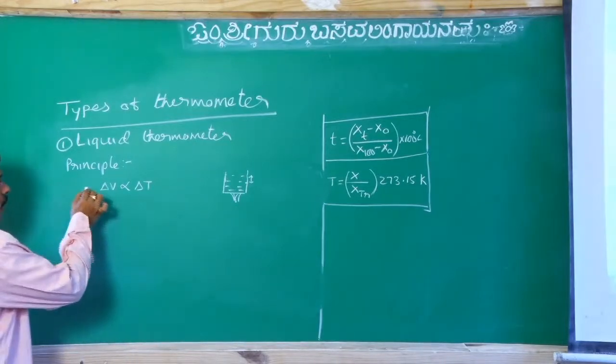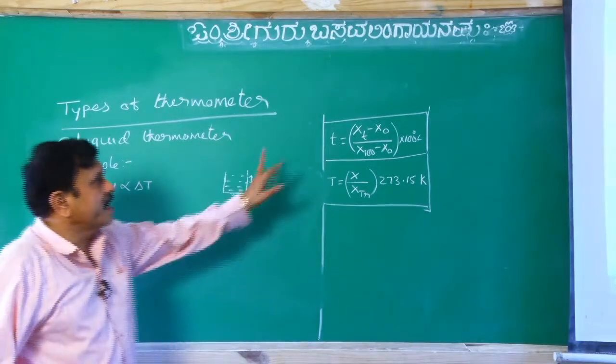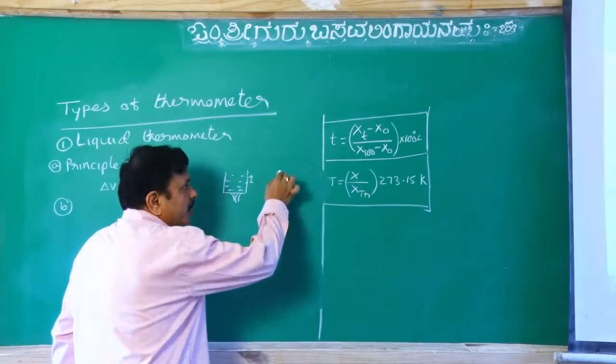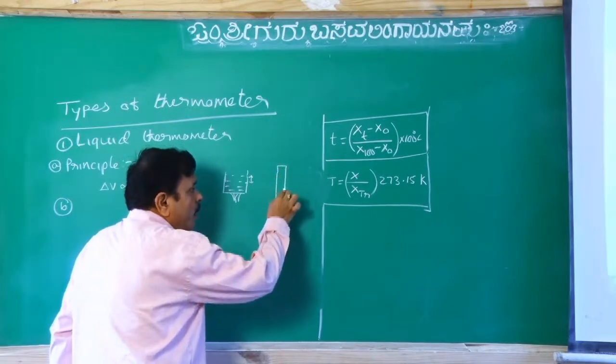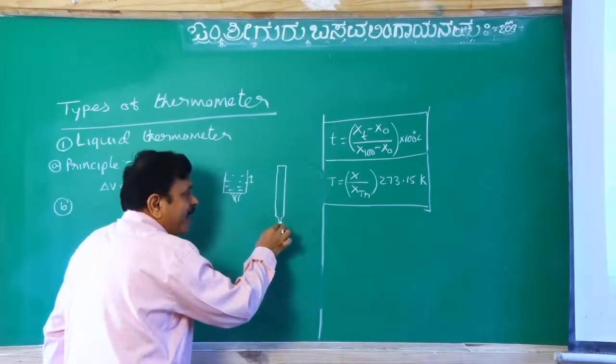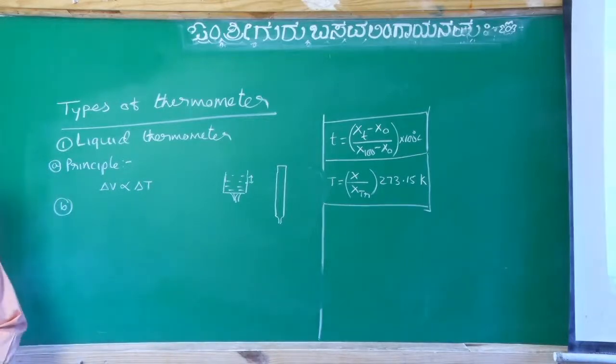Now we will be using this one. You have seen that we have generally two types of thermometer: one is the mercury thermometer, the clinical thermometer, and the other one is the alcohol thermometer.